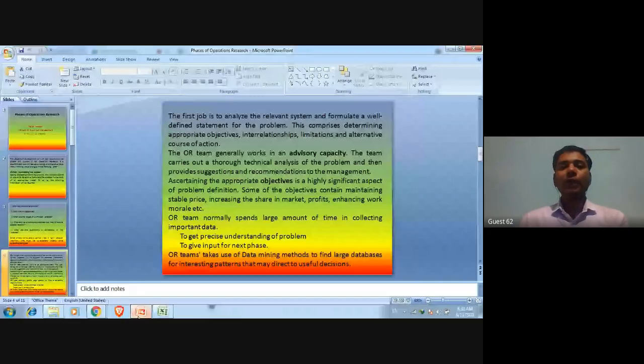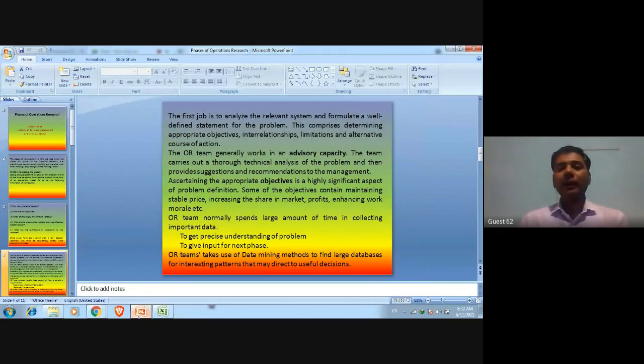To solve the problem, you must collect as much information as possible. Suppose you are solving a transportation question, then you have to know about all the variables used in that problem.